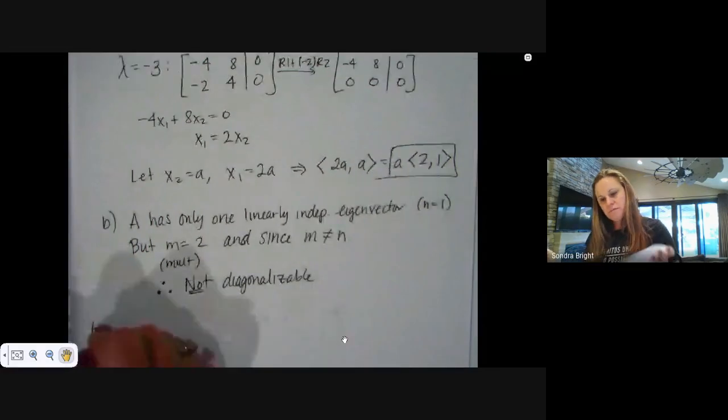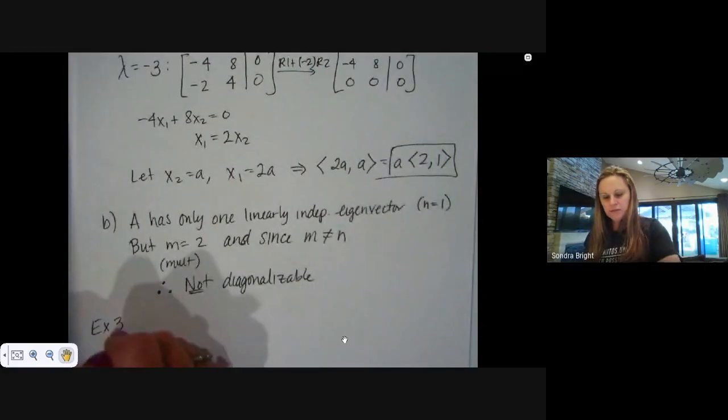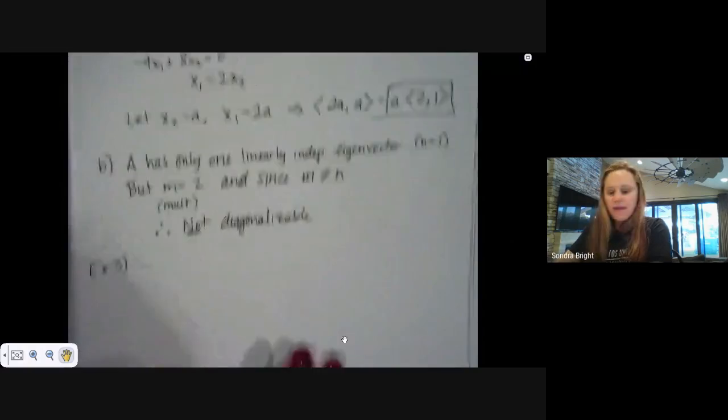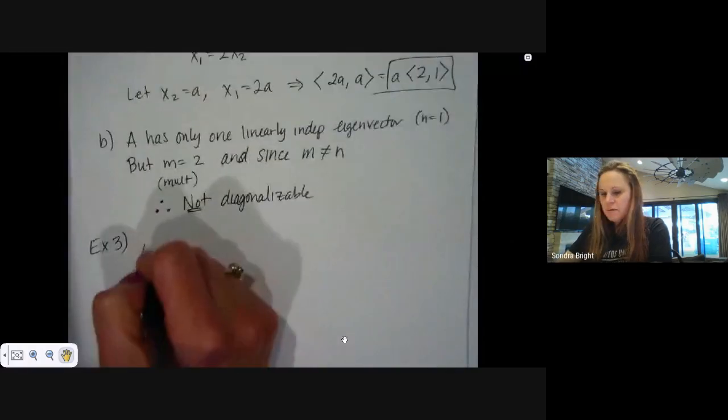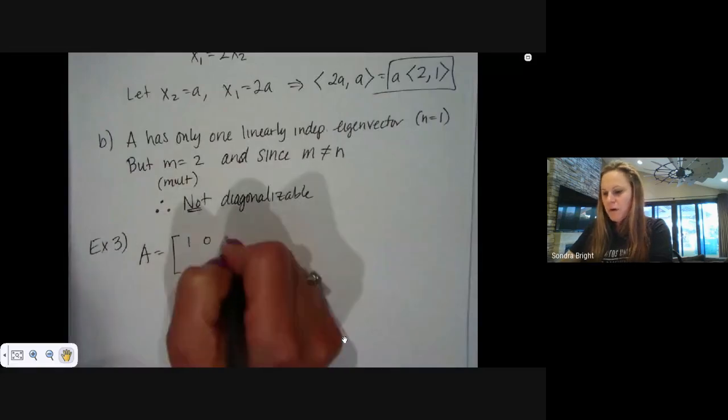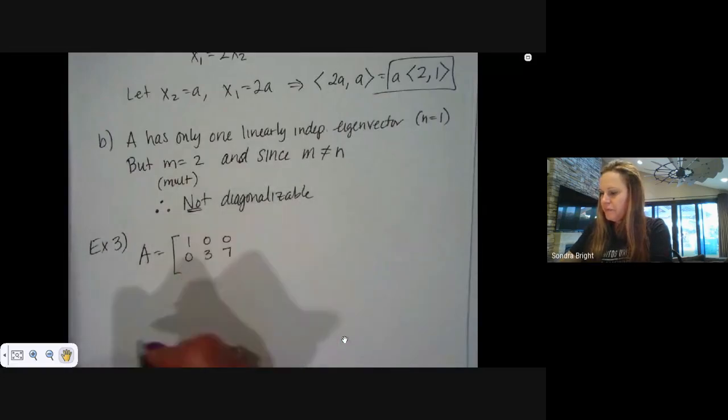And this one will take a little bit longer because there's more. We're going to do a 3 by 3. All right, so this time A is 1, 0, 0, 0, 3, 7, 1, 1, negative 3.